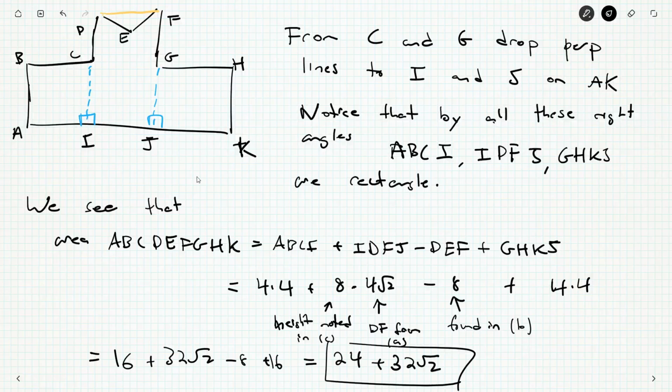Okay. Not a whole lot we need to. If you wanted an intermediate step where you actually broke this down into AB times BC and just showing where these lengths are coming from, that would be perfectly fine. But I don't think that's entirely necessary. Do explain where these, like the 4s, I don't think need an explanation, but do explain that, yeah, we already noted the 8 in C part.